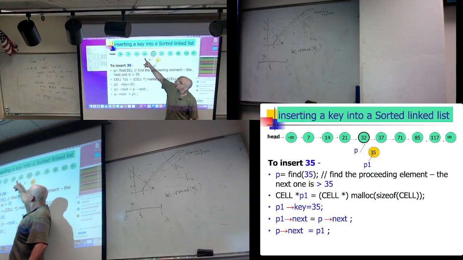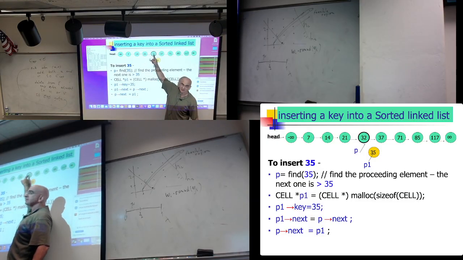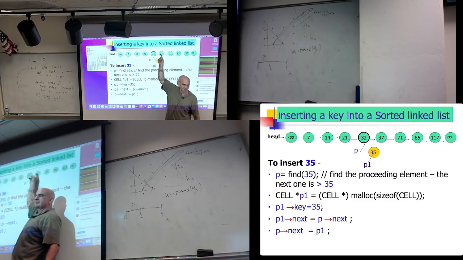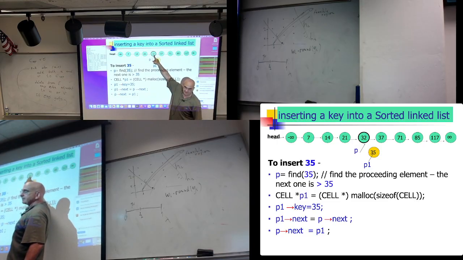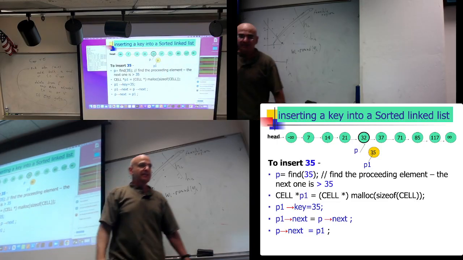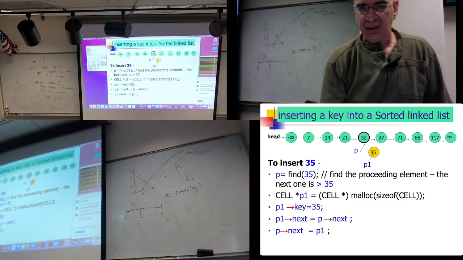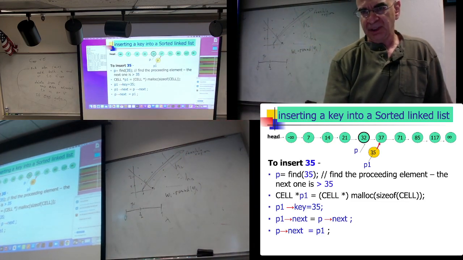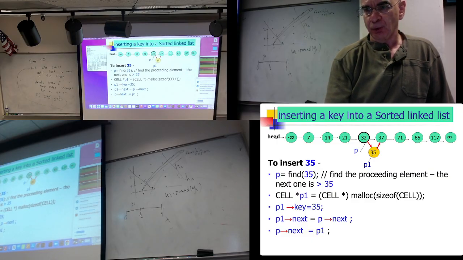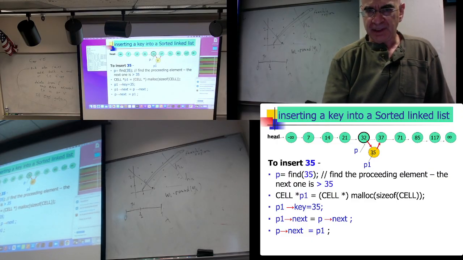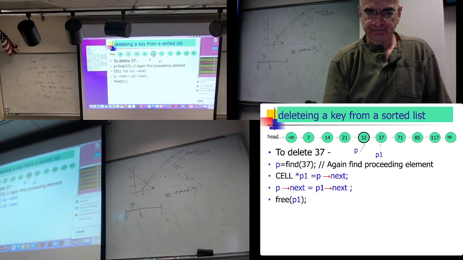So for this, I'll have to do the search where I stop just before I go too large. I'll find the predecessor of 35, this guy. The next is 37, and then I'm just arranging the next of the new node and the next of the predecessor to point to the new node. Quite easy after the find.